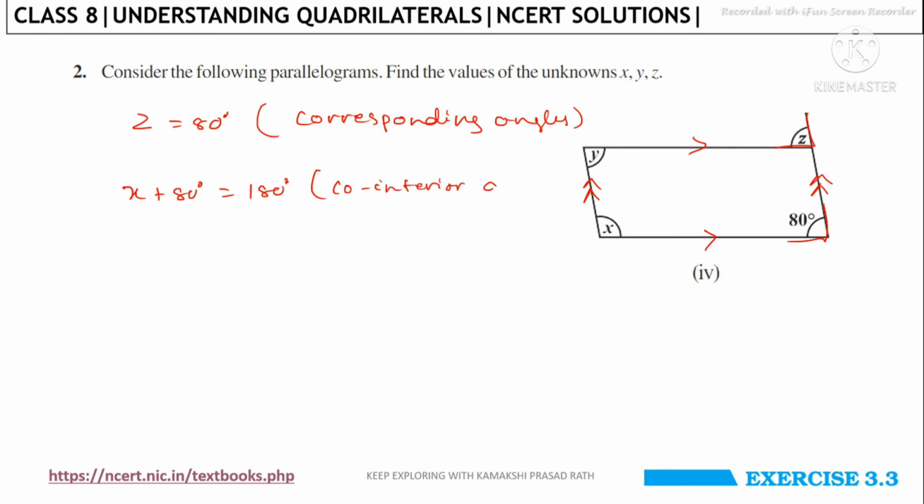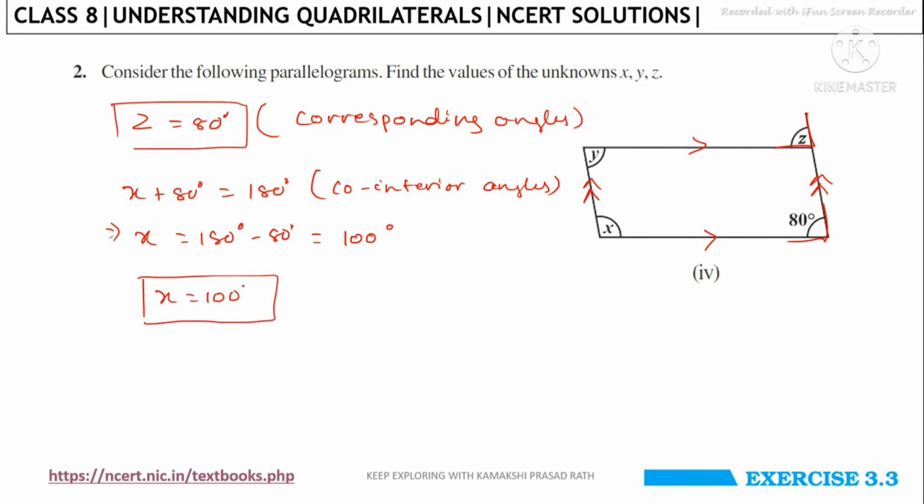As they are co-interior, X equals 180 minus 80 degrees. 180 minus 80 is how much? 100 degrees. So X is 100 degrees and Z is 80 degrees.